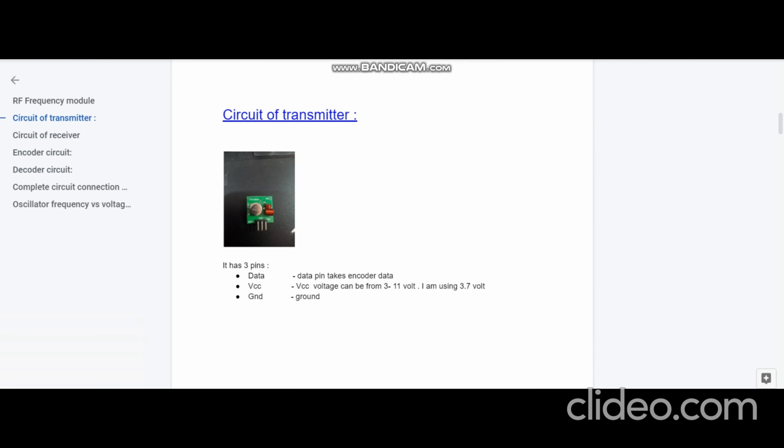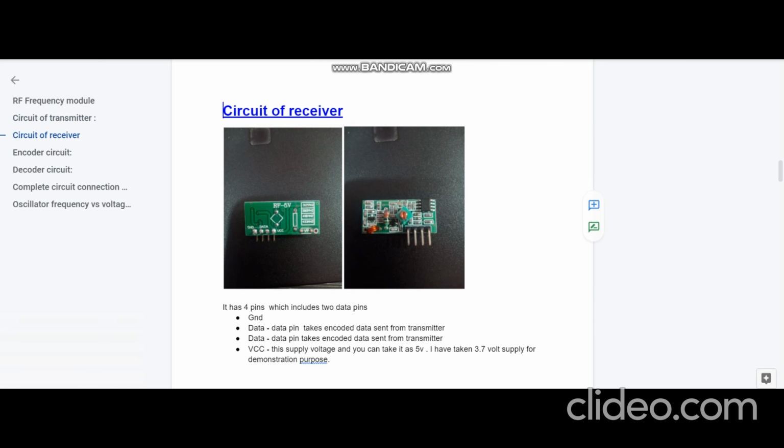So let's start one by one. Circuit of transmitter. It has three pins: data, VCC and GND, which means ground. The data pin takes encoded data. VCC voltage can be from 3 to 11 volt, but I am using 3.7 volt in this demonstration. GND means ground, and next is the circuit of receiver.